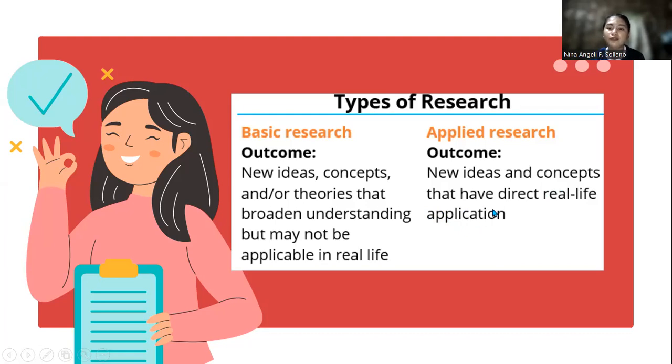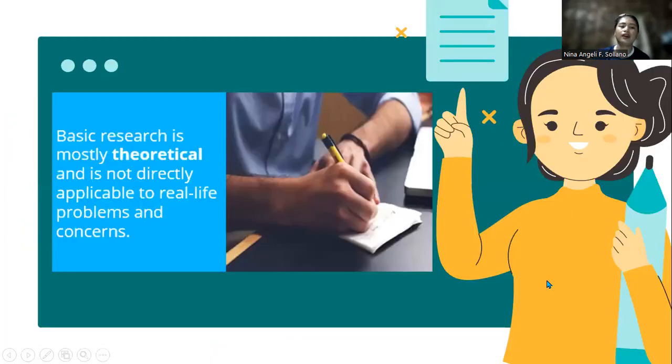And in that way, it has a direct real-life application. Again, basic research is not applicable in real life, while applied, from the word itself, is applicable in real life. And take note always that basic research is mostly theoretical, so more on theories, okay?